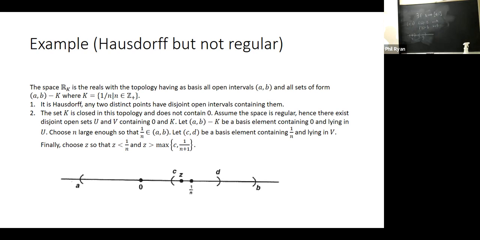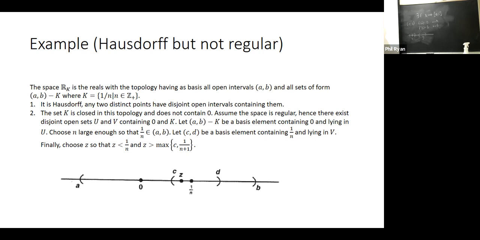Okay, so if that's the case, let's choose n large enough such that 1 on n is within (a, b). So n is bigger than 1 on b. Now let (c, d) be the basis element containing 1 on n and lying in V. Again, there are two possibilities for the type of basis element it could be.